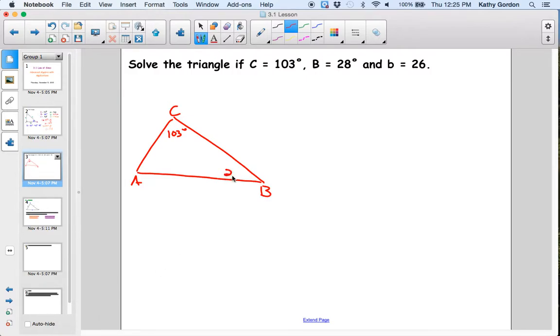Angle B is supposed to be 28 degrees. And side B is supposed to be 26. Where should I label the 26? Between A and C, because I have to be across from angle B. So it's this side that's going to be the 26. Okay?